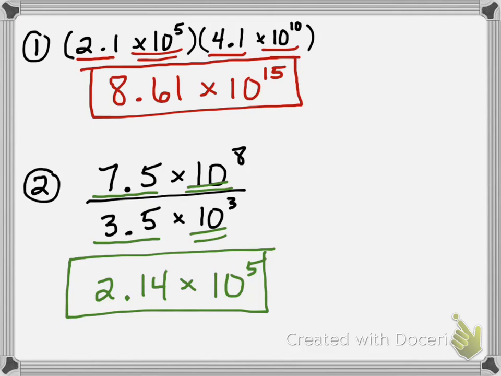So there's my answer. Again, I don't have to move the decimal because there's already just one number in front of the decimal. So now we should be able to write numbers in scientific notation and standard notation, and we should be able to multiply and divide numbers written in scientific notation.